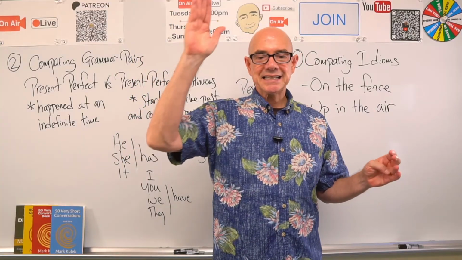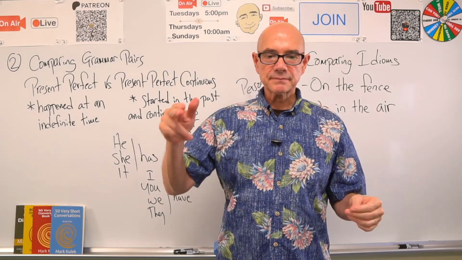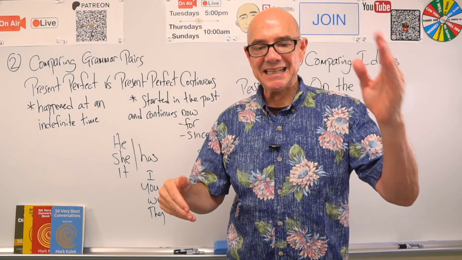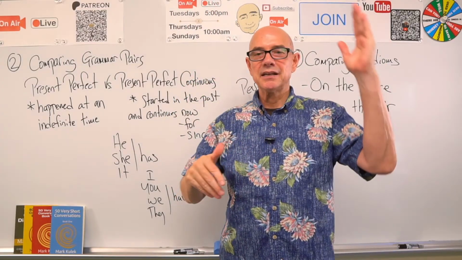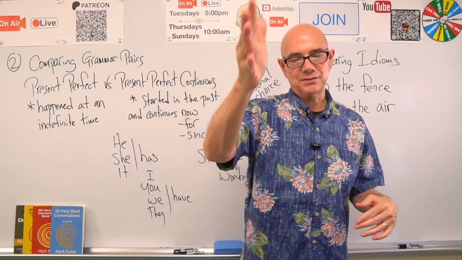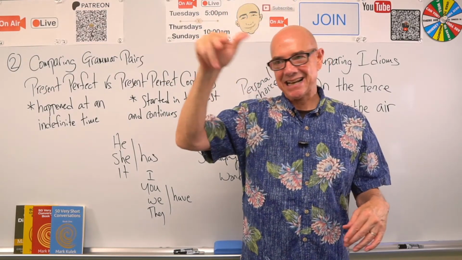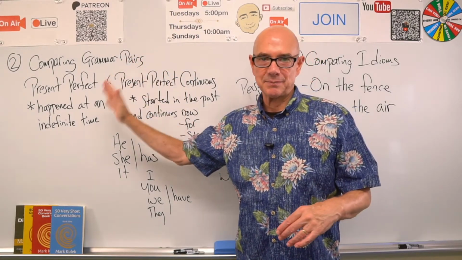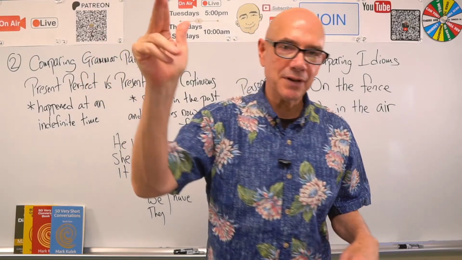So that is seen, right? We have seen that movie already. So we don't use the past tense, we use the past participle with the present perfect, okay? See, saw, seen. So we use seen for the present perfect. We have seen that movie already.